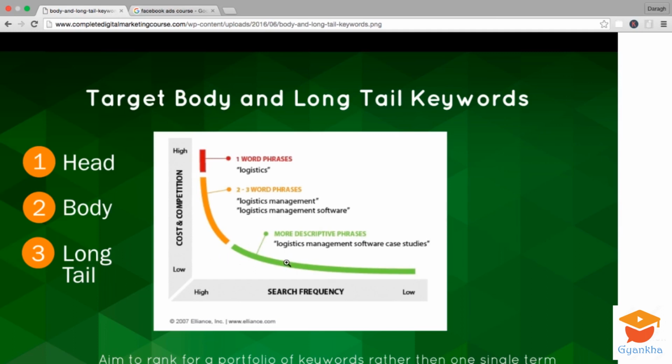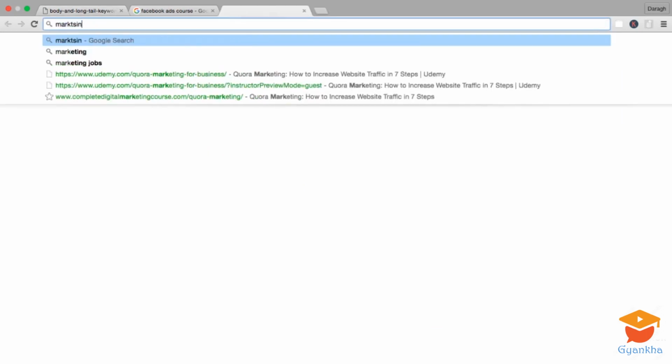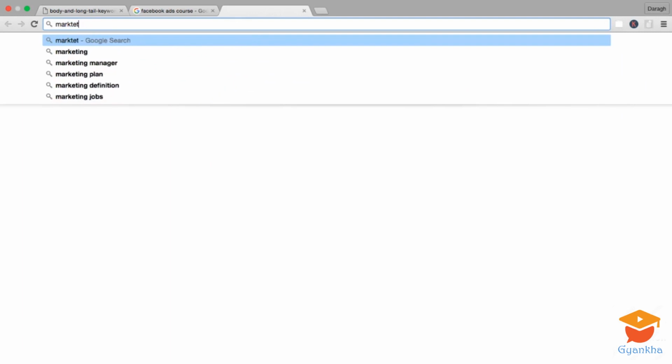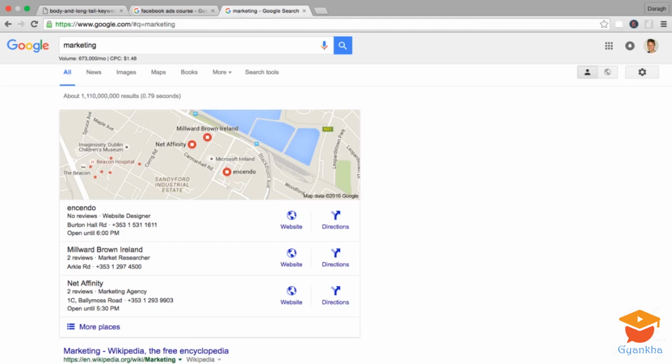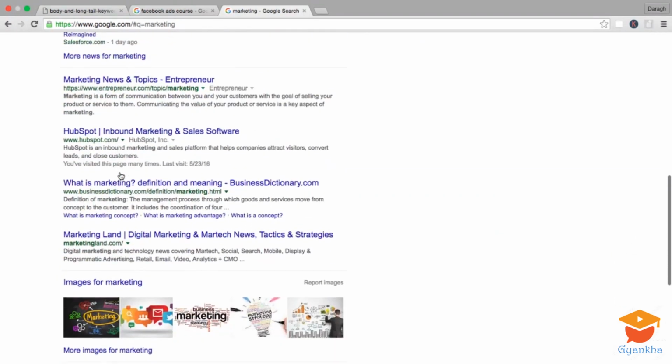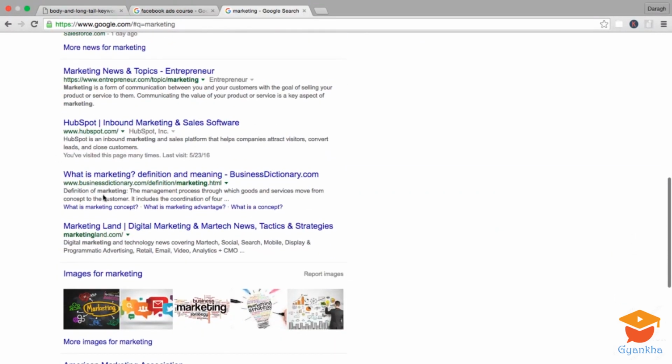So in terms of what you want to be thinking about that you can rank for, I'm never going to get to the top of the search results for something like marketing. It would just be a waste of time for me to even try that. You can see that at the start here, there are huge companies already ranking there.